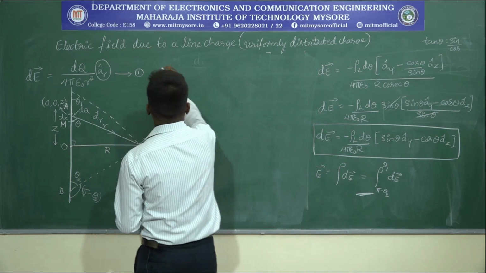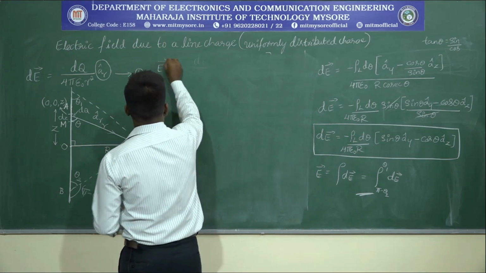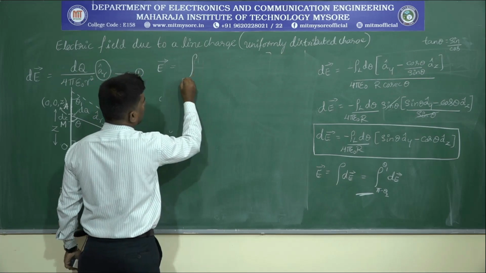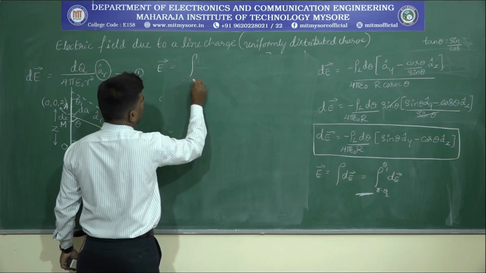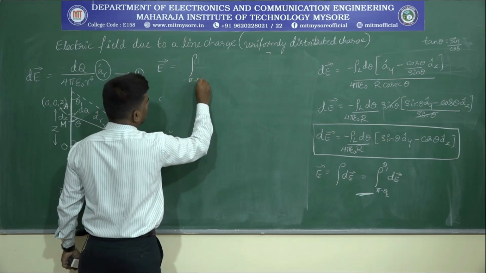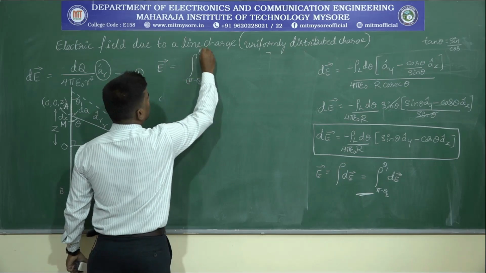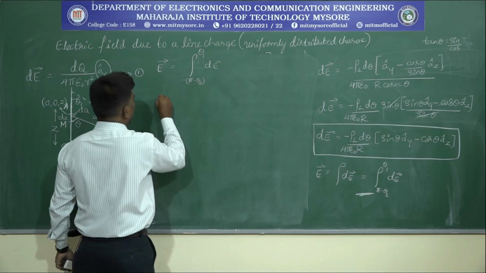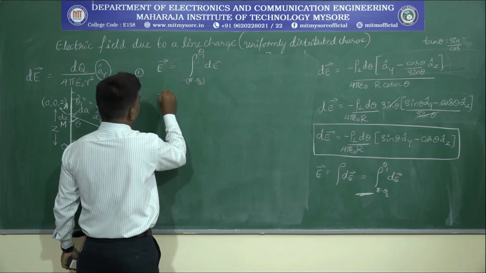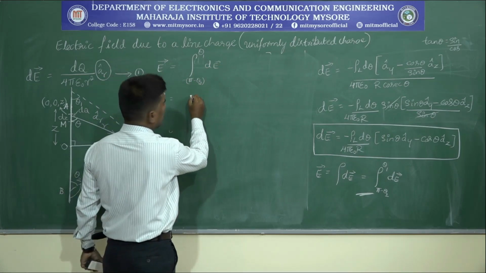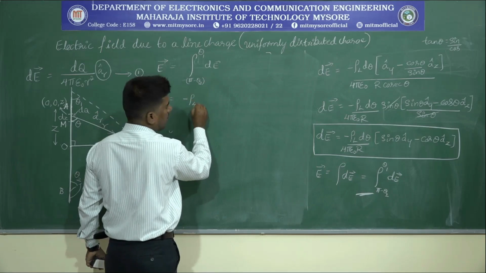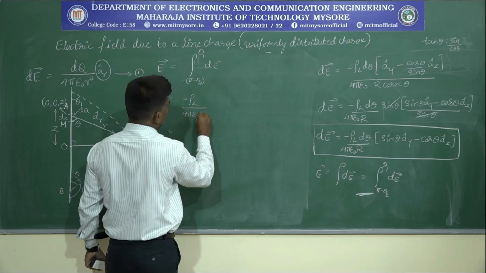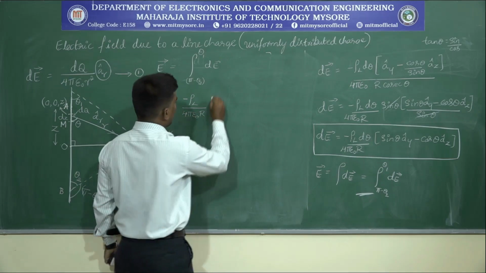See, total electric field intensity E is given by integration from pi minus theta 2 to theta 1 of dE. That is, E is equal to minus rho L divided by 4 pi epsilon naught into R. This is constant, take it outside.